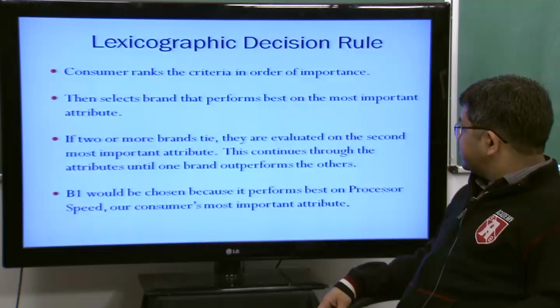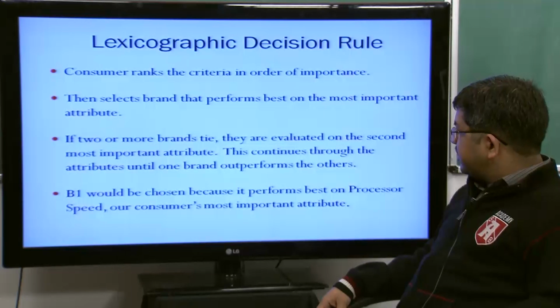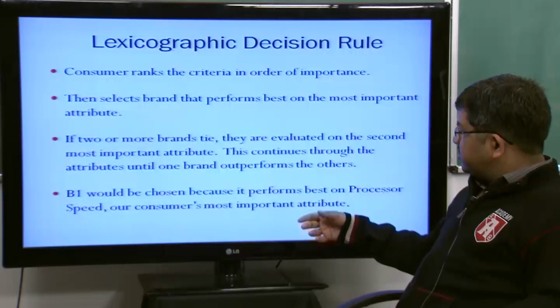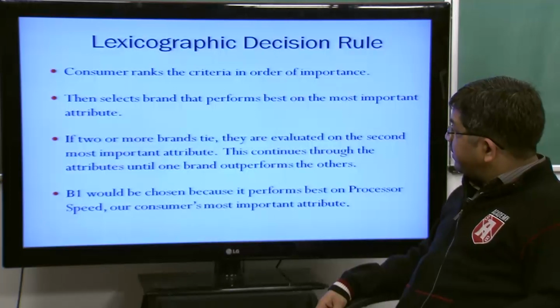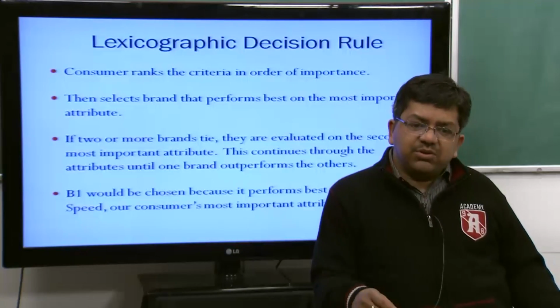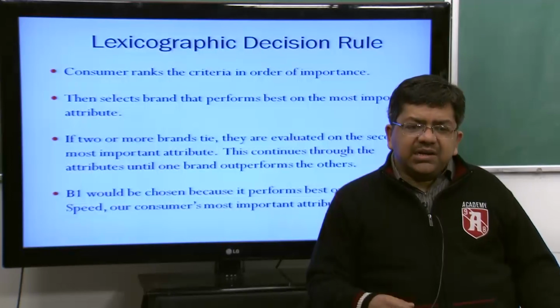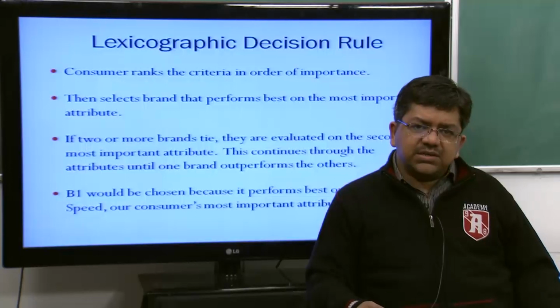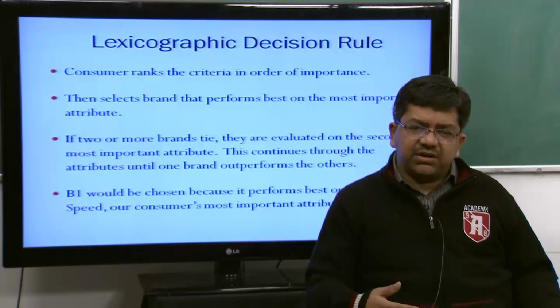This continues through the attributes until one brand outperforms the others. So again B1 would be selected as it performs best on processor speed, our consumer's most important attribute. So these are the non-compensatory rules which a consumer uses. In real life situations, you will see that a consumer can use a combination of these different rules.